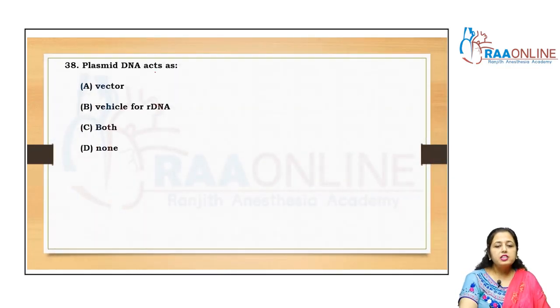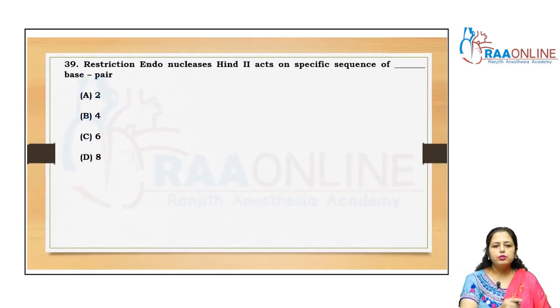Come to the next. Plasmid DNA acts as vector, vehicle for the rDNA, both or none. Plasmid DNA acts as a vector and also as a vehicle for recombinant DNA. So the answer is both, so the answer is C. Come to the next question.